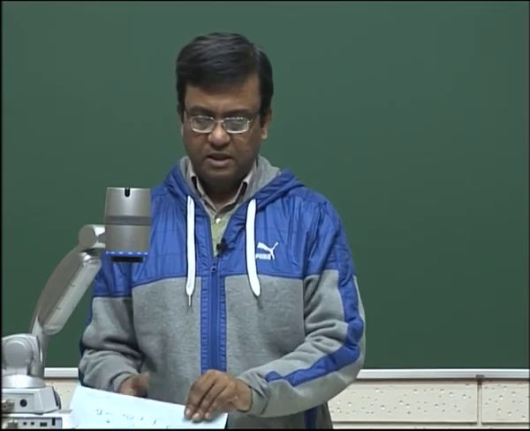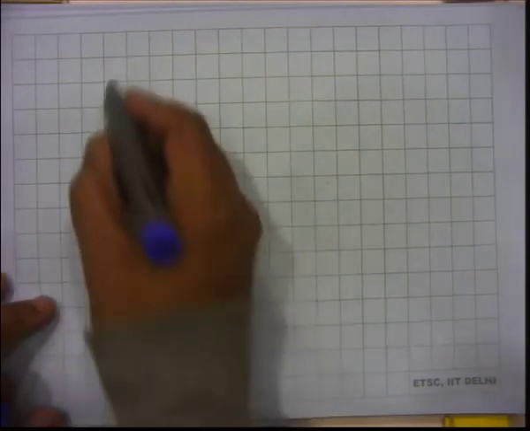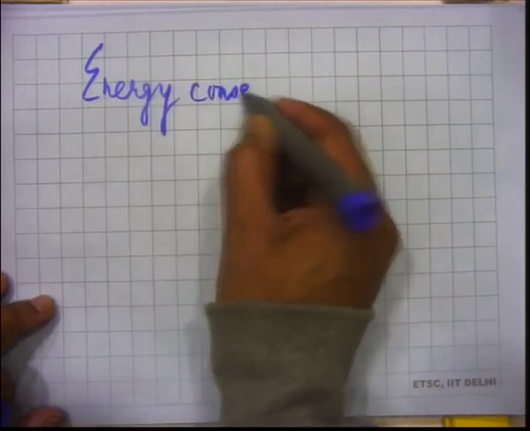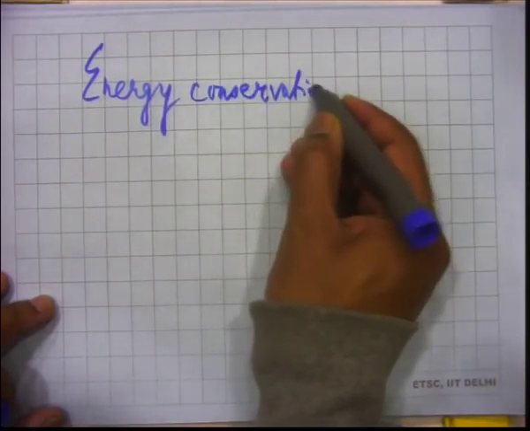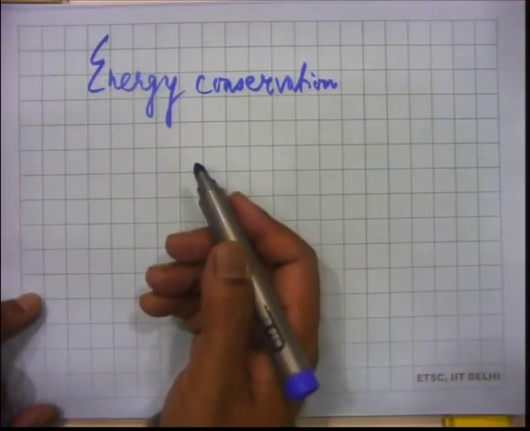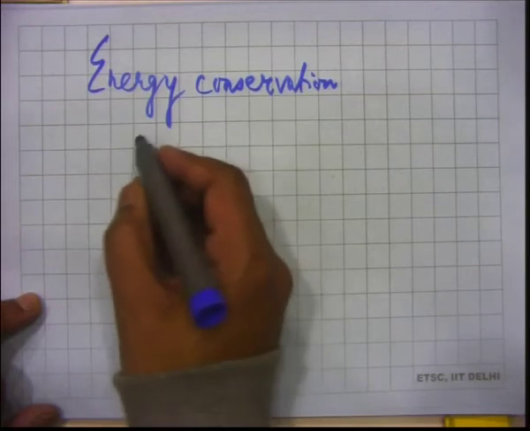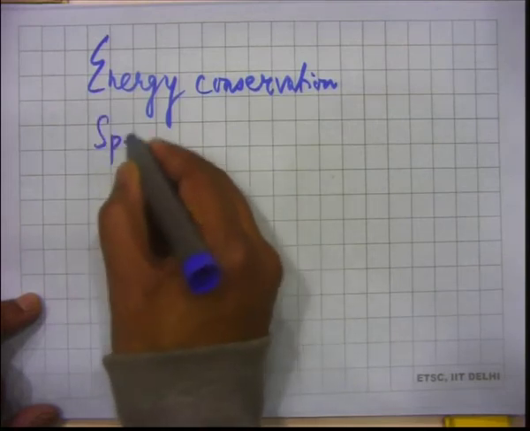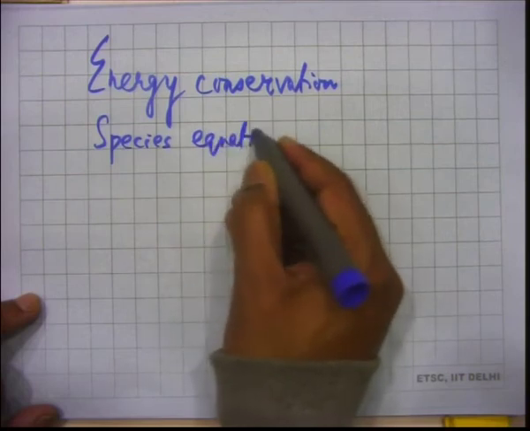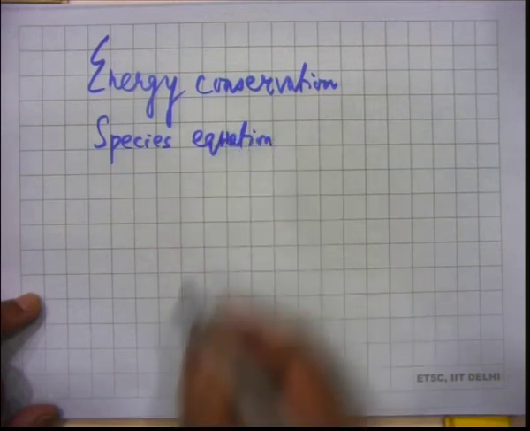So you can see that we often will of course fall back on thermodynamics, for example. So we can do energy conservation, right? That is one thing. So that will give you some equation, and maybe you have to do some species conservation, some species equation, because there are so many species.